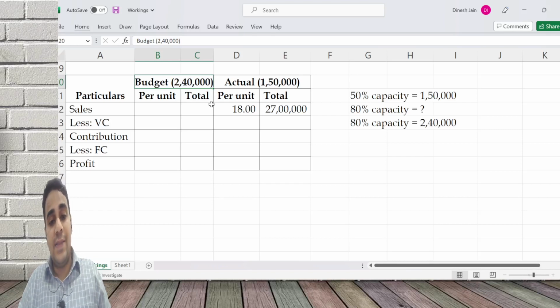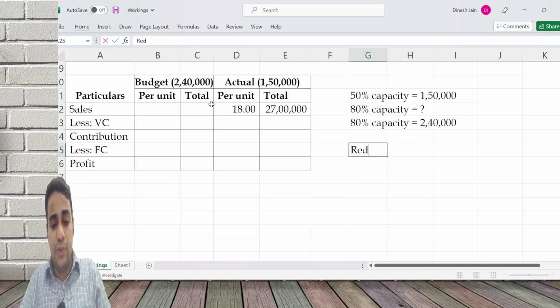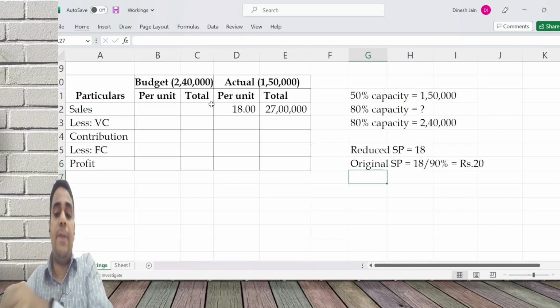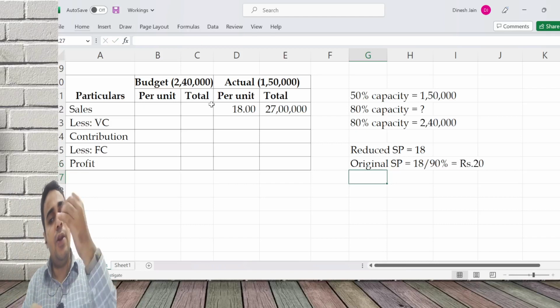Now they are saying selling price has come down by 10%. So the reduced selling price is 18. Original selling price: 18 by 90% is 20. From 20 there is a 10% reduction and you got 18.